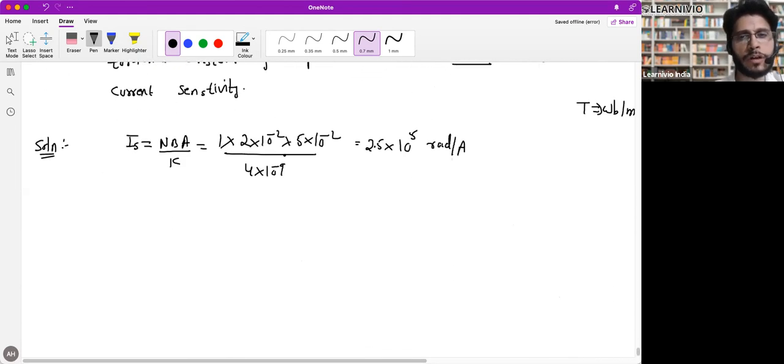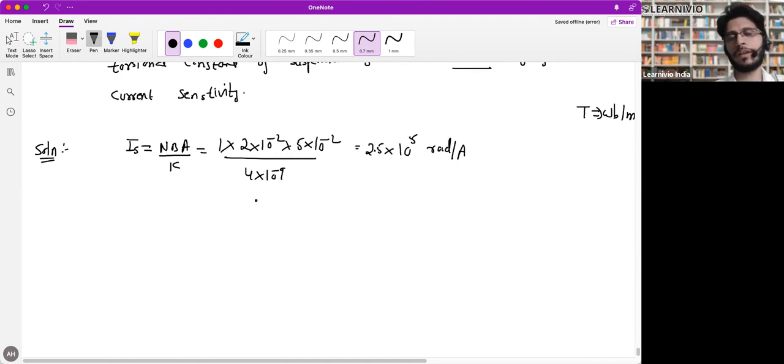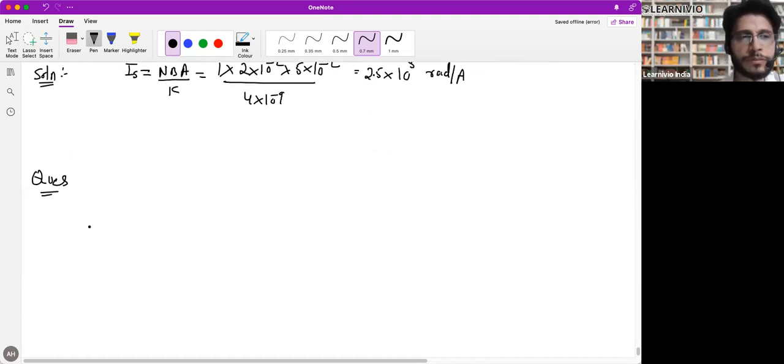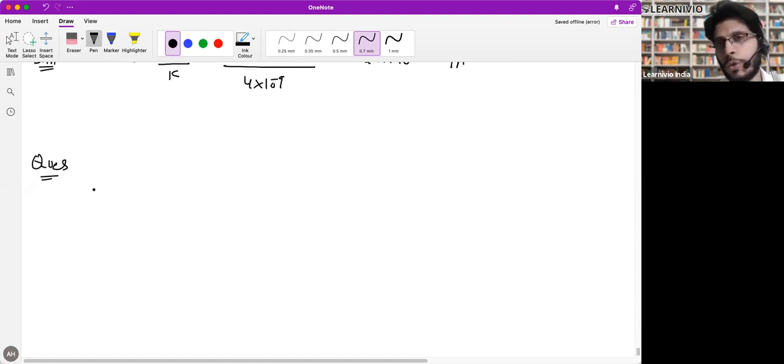So that was about current sensitivity and voltage sensitivity. The next thing is, again, some conceptual questions. We'll find many conceptual questions for galvanometer. The next conceptual question is, why don't we use galvanometer to measure current?